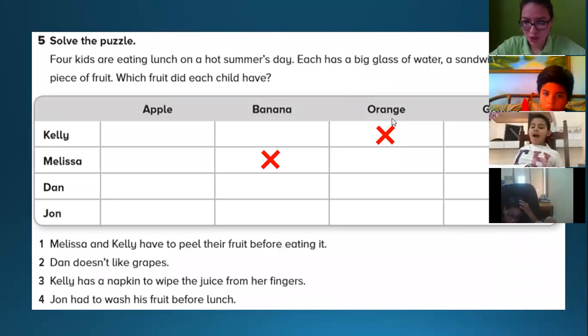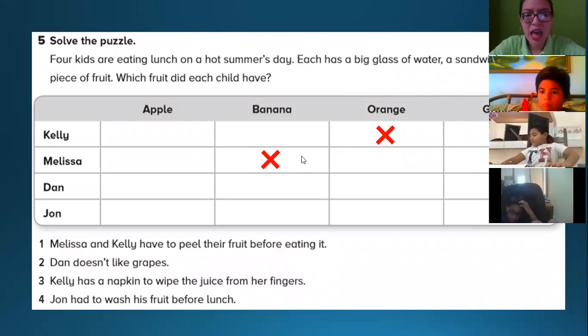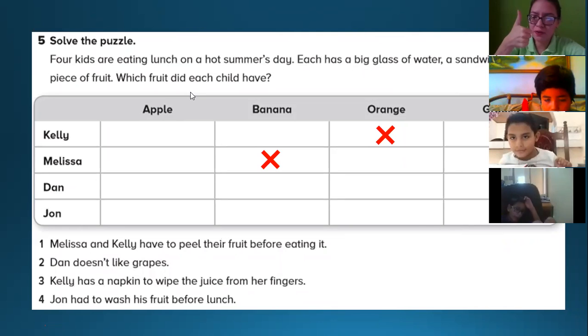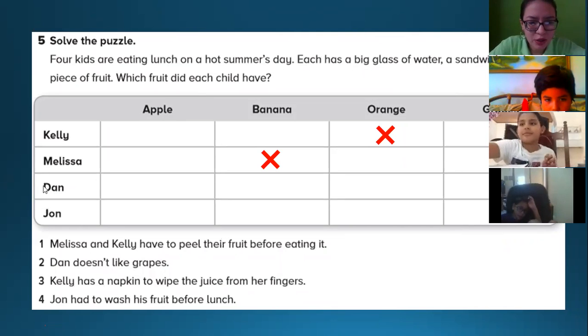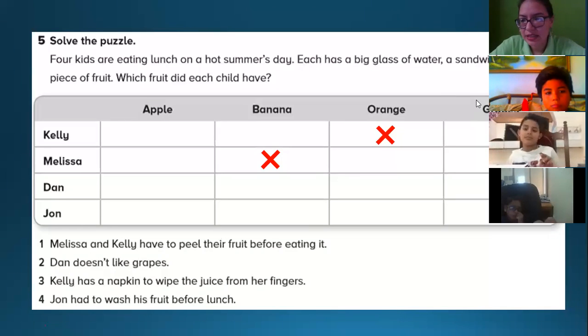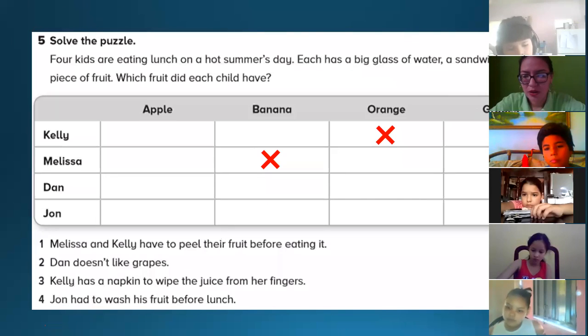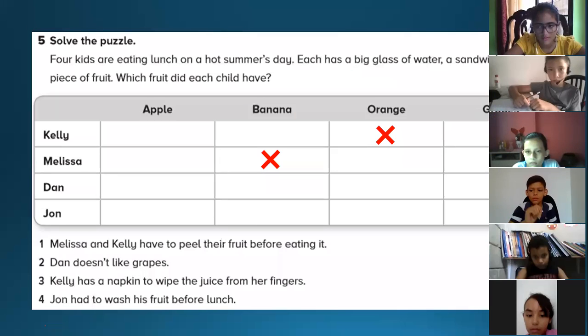Now, what is the fruit for Dan? Okay, we have two options. What we're going to do is everybody participates. The person who thinks that Dan has an apple, you are going to raise your finger. And the person who thinks that Dan has the grapes, you are going to applaud. At the count of 3: 1, 2, 3. Okay, Alessandra said apple. Jillian said grapes.